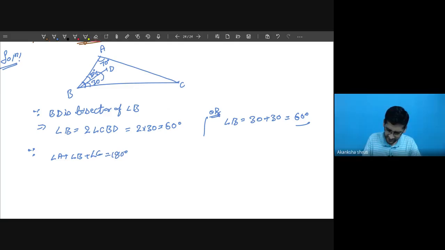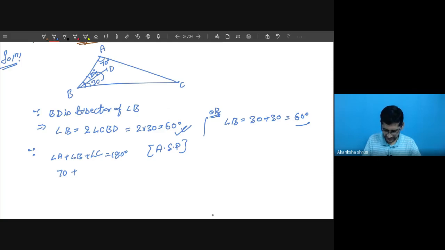So that you have to write in front of this. While you are writing this, you have to write that it is because of the angle sum property. So it is angle sum property, ASP I have written. Angle A is given as 70 plus B we have calculated as 60.